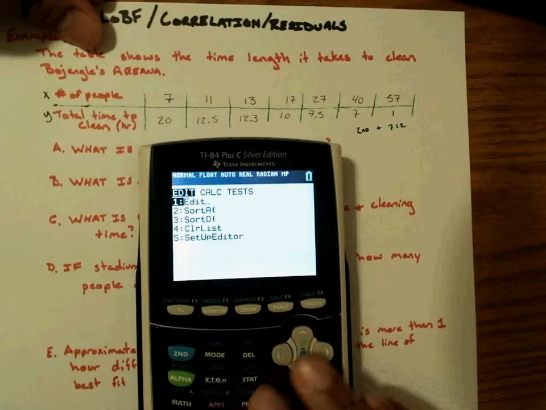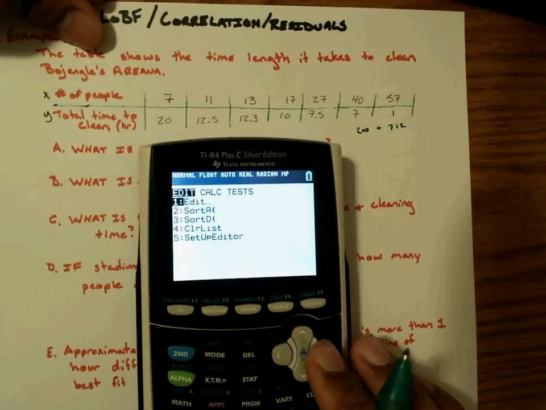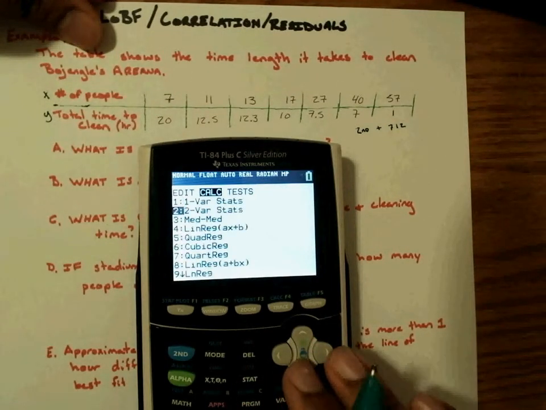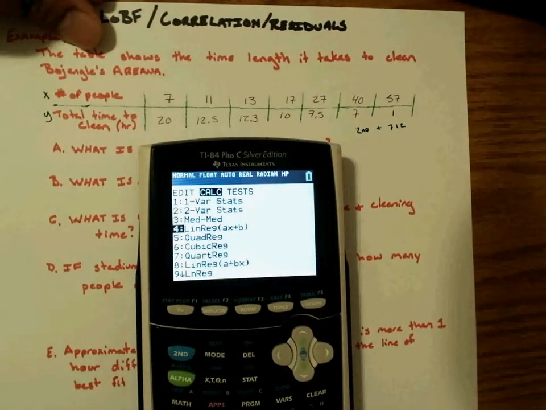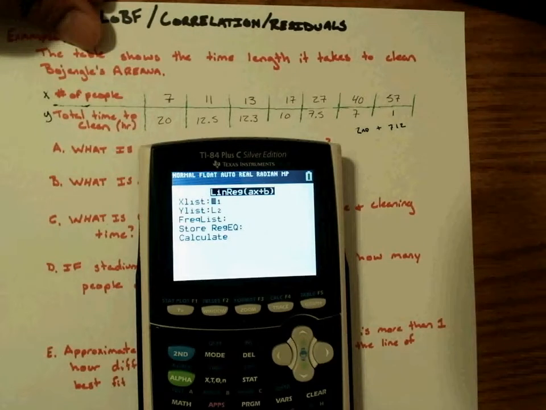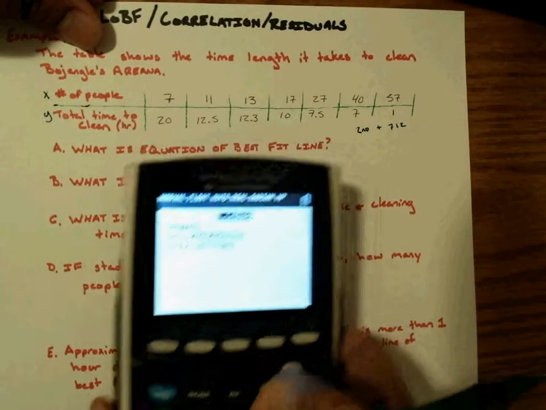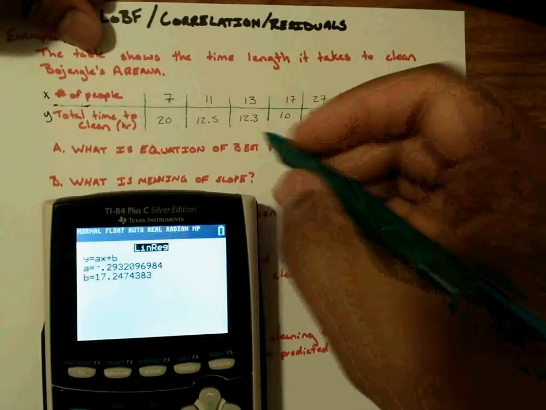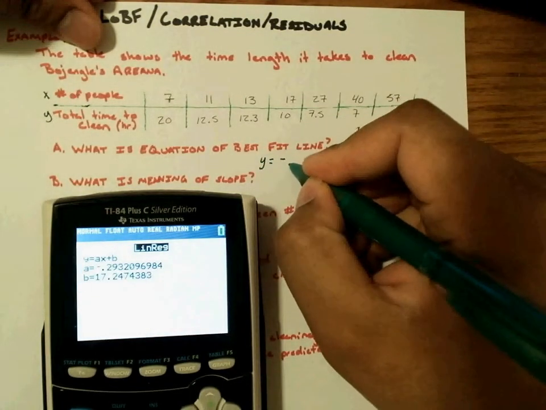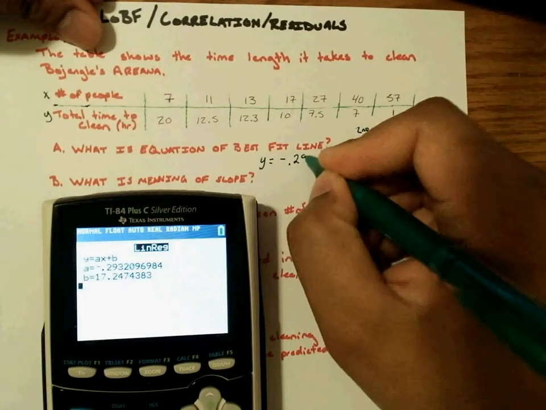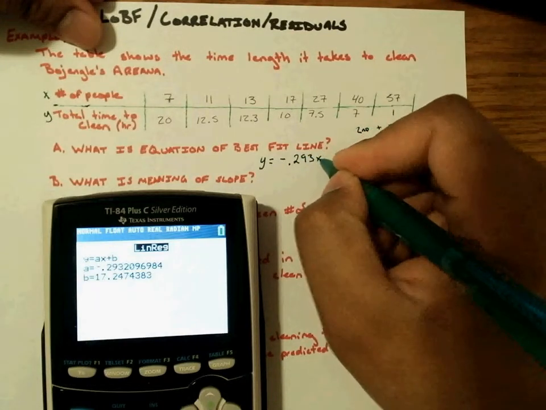Now that I have all that typed in, to get my equation, I'm going to go back to stat because I need to do a calculation. I'm going to go over to calculate, and we're trying to get an equation, so we're going to use linear regression, ax plus b. Then enter through all these options and go over to calculate. And there's our equation. y is equal to negative 0.293x plus 17.247.